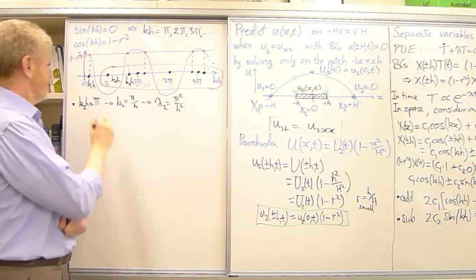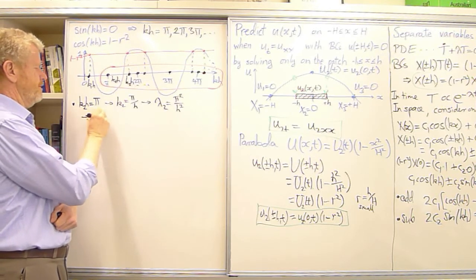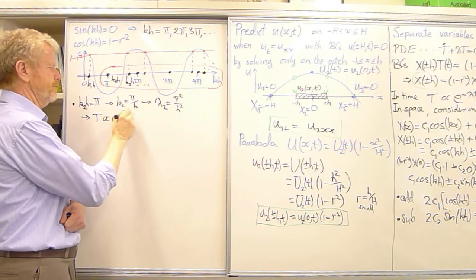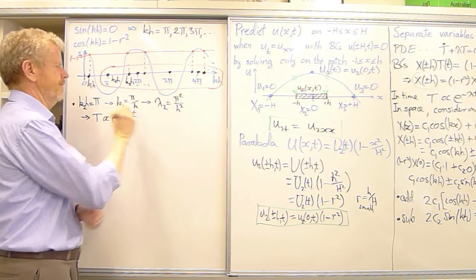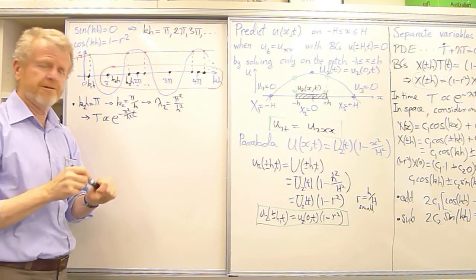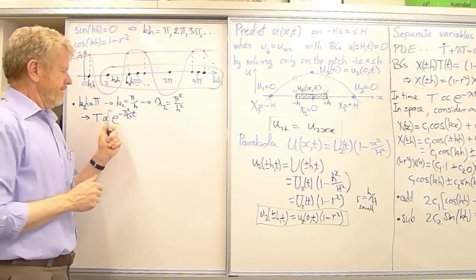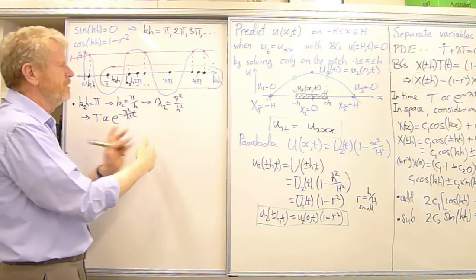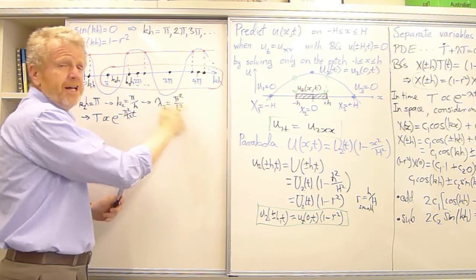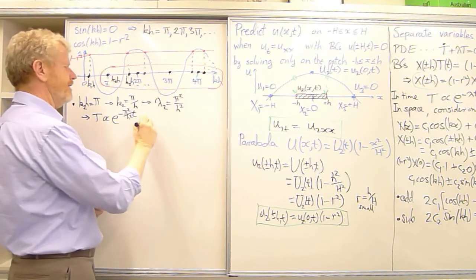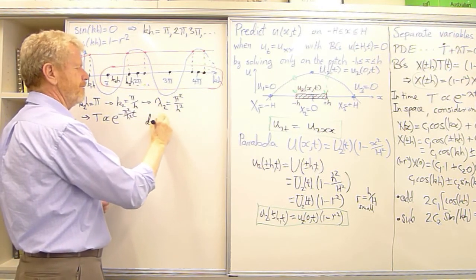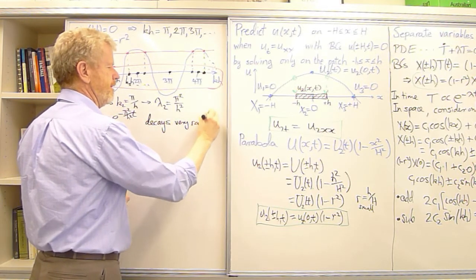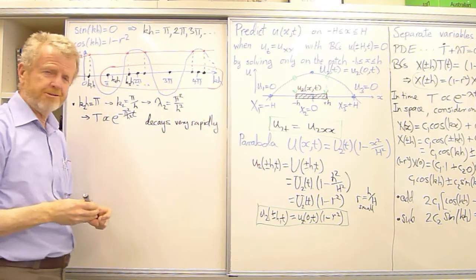And remember the time solution: that implies the time must vary according to e to the minus pi squared over h squared t. So the decay rate is pi squared over h squared. And remember, little h is the size of the patch, that's meant to be small, so this decay rate is very large. So this decay is very rapid. Right, so it's not of interest to the long-term dynamics.